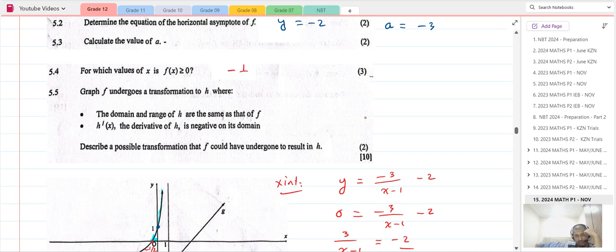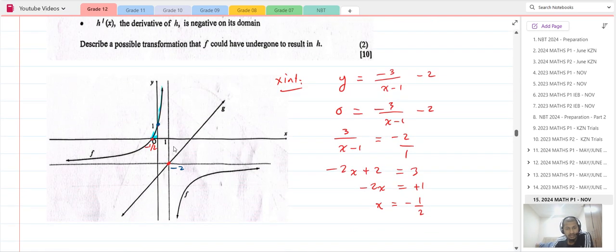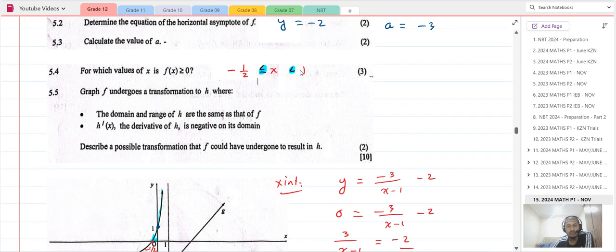So x is greater than or equal to minus half, but less than 1. Make sure that the inequalities are correct as well. So first you solve for the x-intercept and then you decide when it is positive: when x is greater than or equal to minus half but less than 1. We can't include 1 because that's a vertical asymptote.